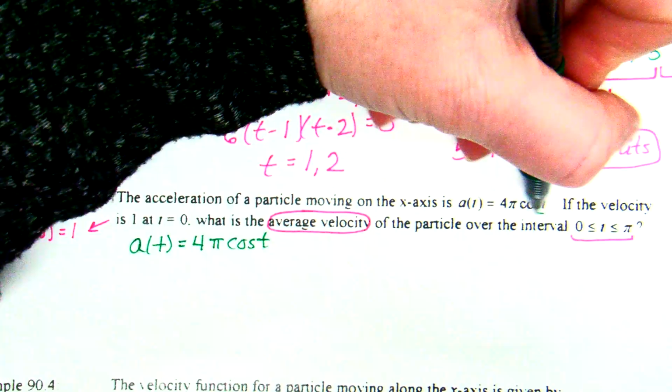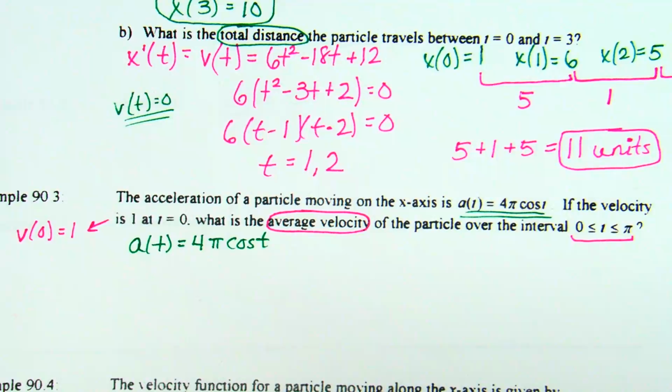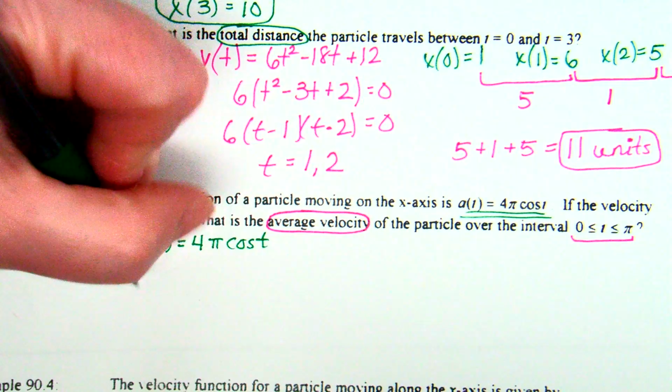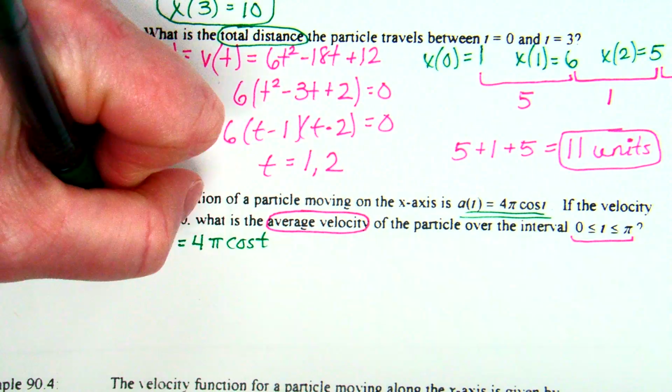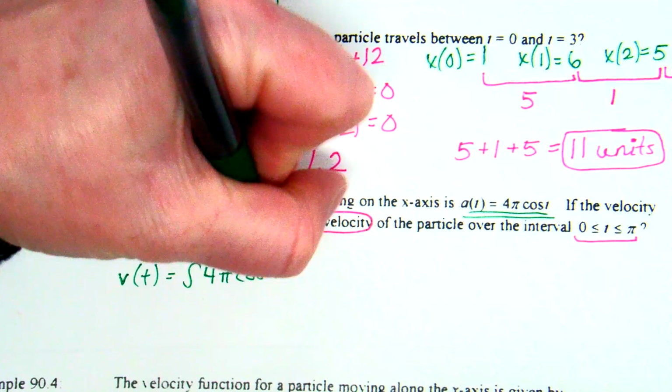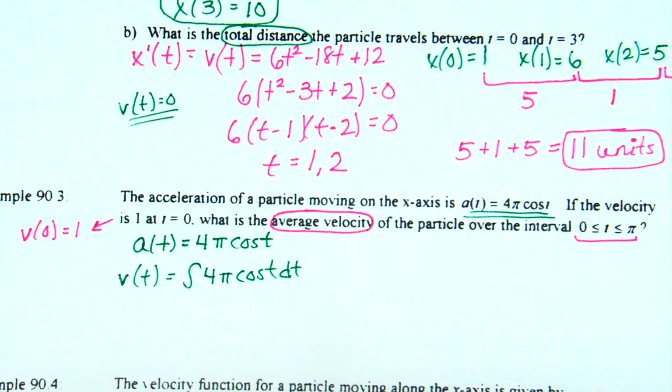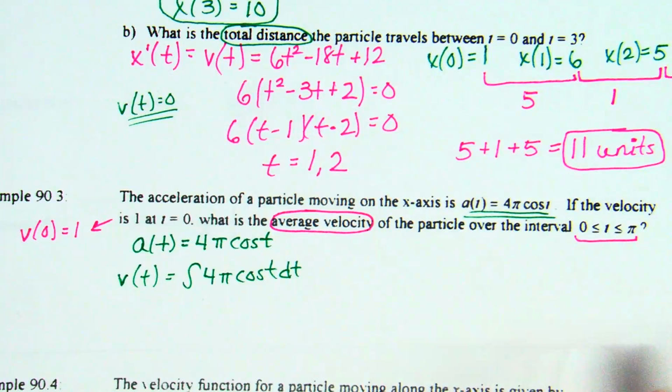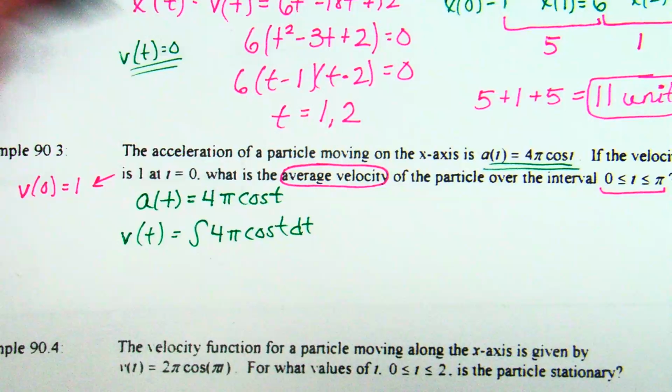Okay. Well, if they want to know the average velocity, what do I probably need to find? Velocity? We need a formula for velocity. How do we find velocity in relation to acceleration? Okay, normally acceleration is the derivative of velocity, so velocity is the integral. So in order to find velocity, I'm going to do the integral of 4 pi cosine t dt.